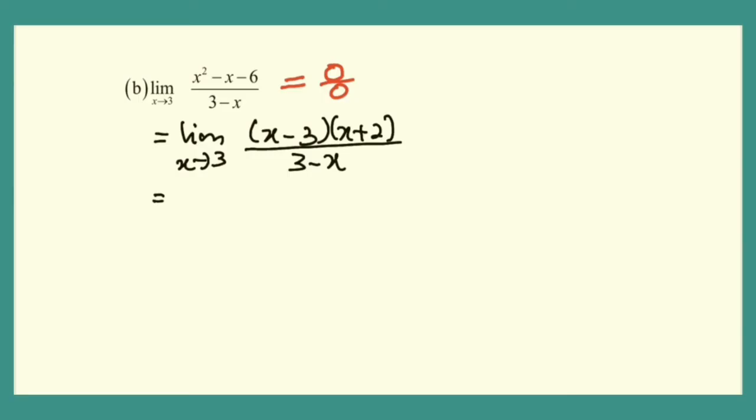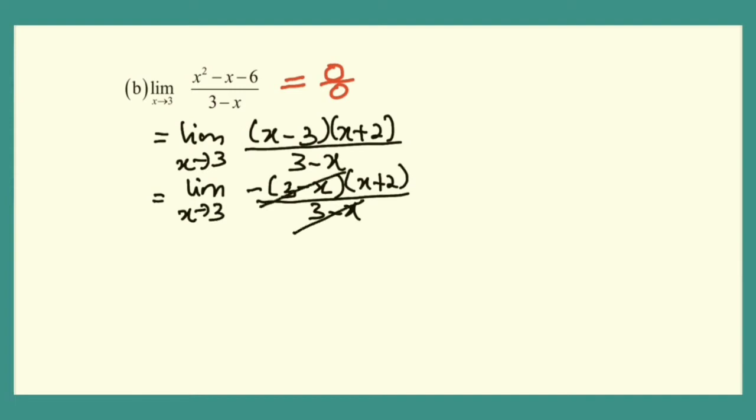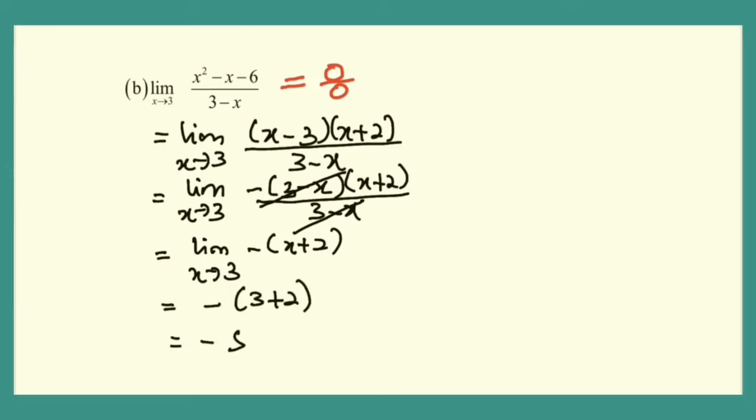We cannot cancel it. We must factor out negative here. Limit negative (3 minus x) times (x plus 2) over 3 minus x as x approaches 3. Now we can cancel out 3 minus x. This becomes limit negative (x plus 2) as x approaches 3. When we substitute x equal to 3, here is negative (3 plus 2) and then the answer is negative 5.